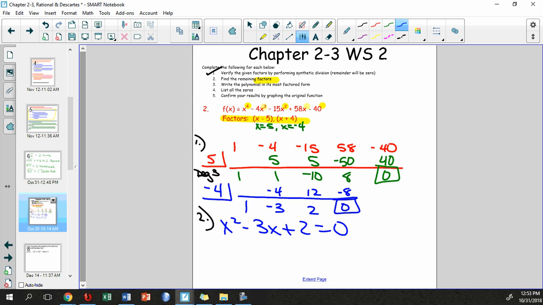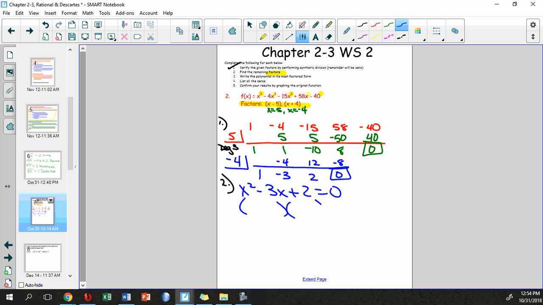So what do I need to do to this thing? I need to factor into two binomials if at all possible. Okay? So how do I factor this? X and X, 1 and 2, negative, negative. So what are my remaining two factors?